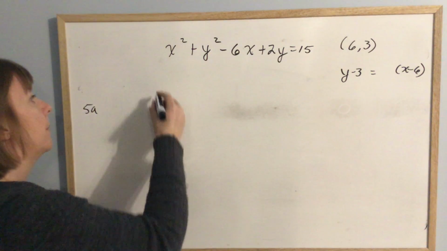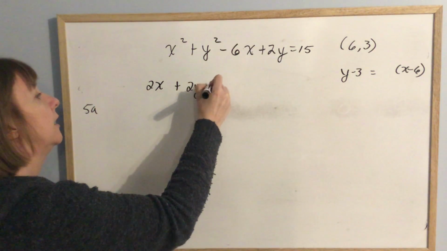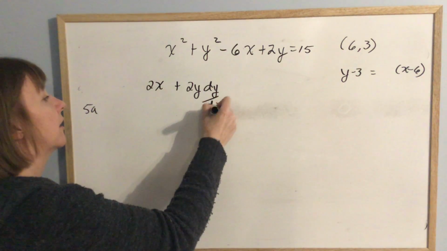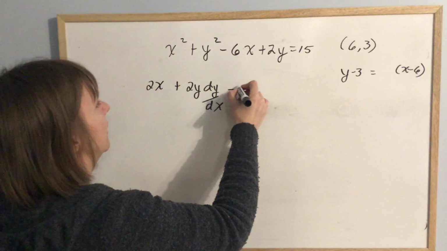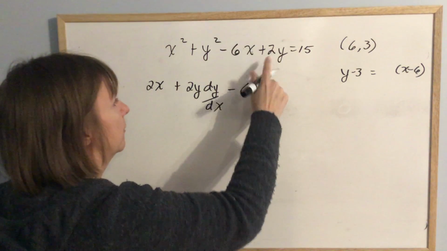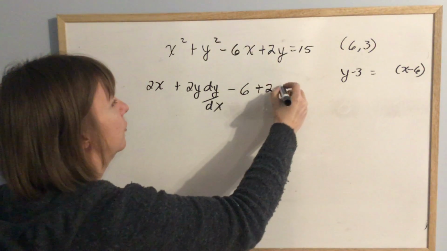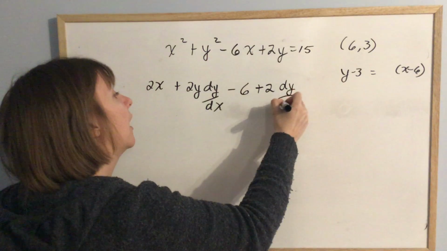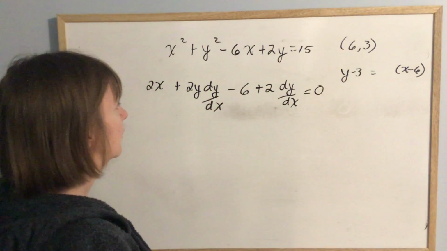Slope for this one is not bad. 2x plus 2y dy over dx. I hope this is clicking at this point. Minus 6, because I just did the derivative of 6x, plus 2, because the derivative of 2y is 2, but because it was a y, I have to say I did it with respect to x, and that's equal to 0.